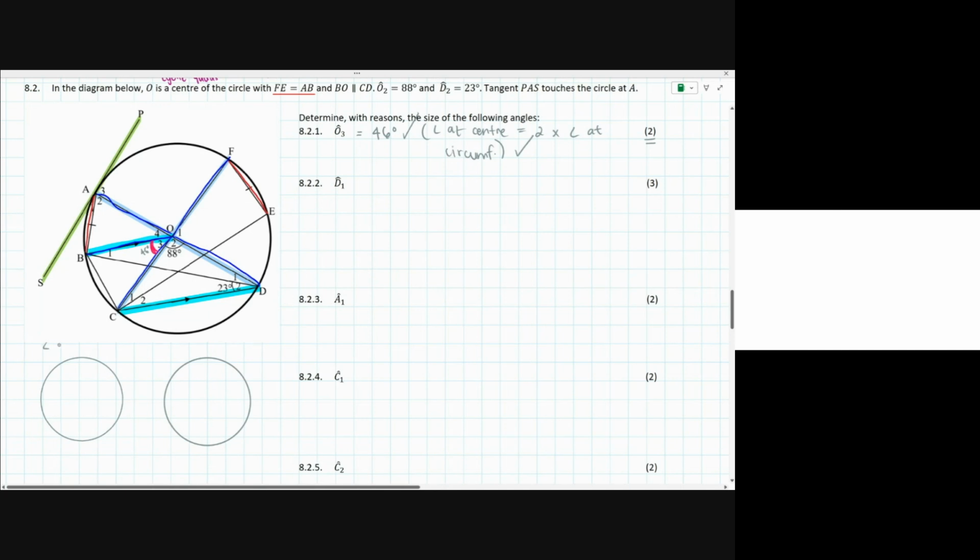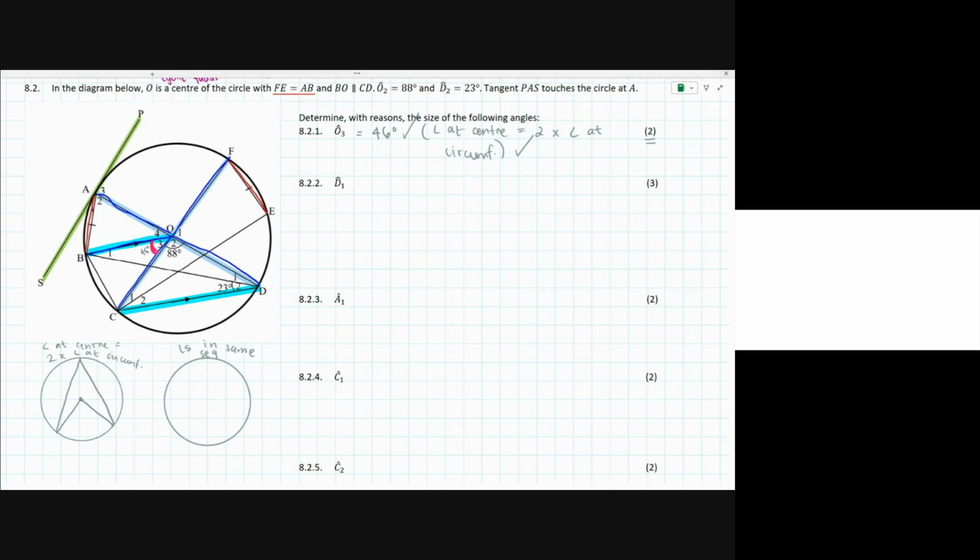So angle at center. And then we have angles in same seg. So angle at center, you need to know where the center of your circle is. And essentially what's going to happen is that a common chord will subtend 2 angles.